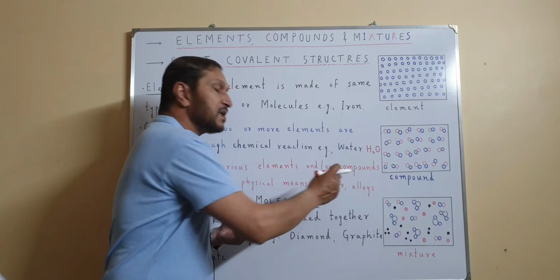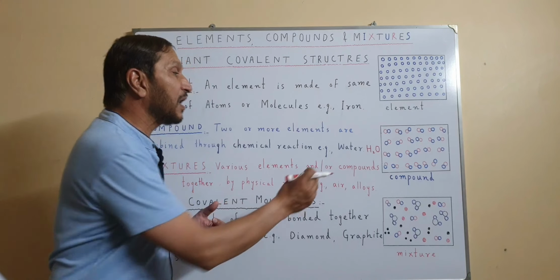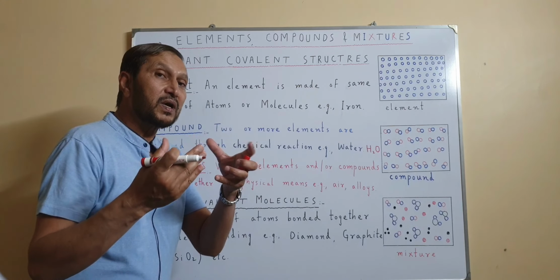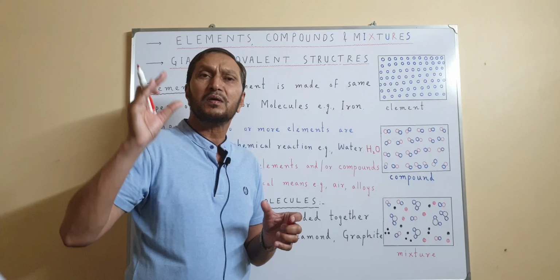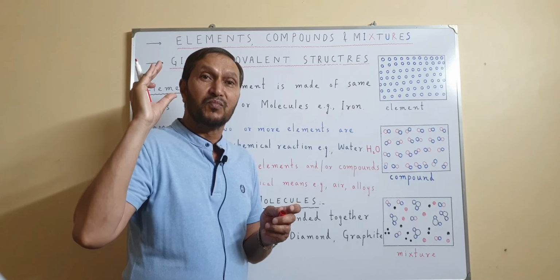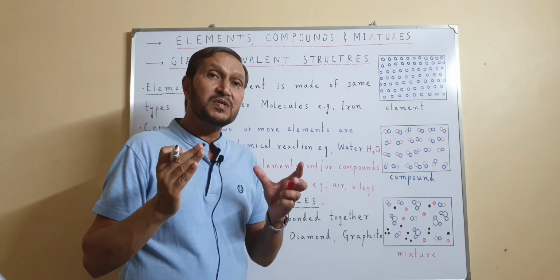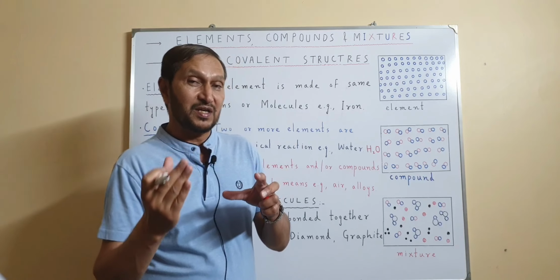Similarly, another common and famous example of mixtures is alloys. For example, what are alloys? A mixture of metals. For example, we call it the Bronze Age. So bronze is a very famous and ancient alloy of copper and tin.